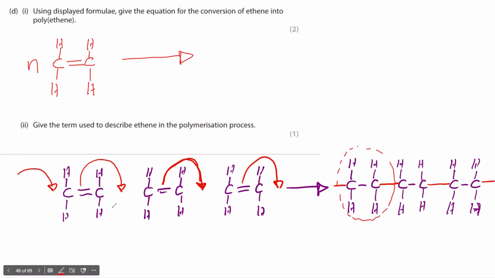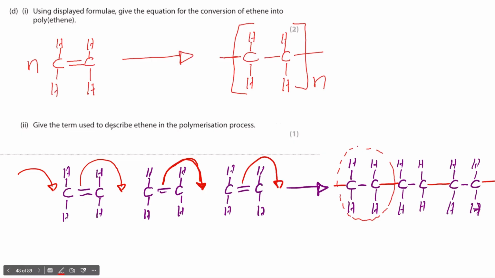Since I used 3 ethene molecules, I get that same group repeating 3 times. What is that part? We call it the repeating unit. How many times will it repeat? If you use 3 monomers, you get 3 times. If you use n number of monomers, this will repeat n times. Then now we have the equation.